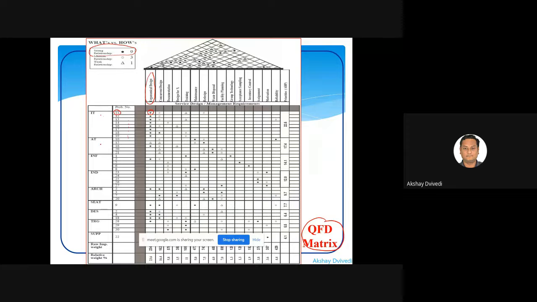And that symbol has been given a weightage of 9. So if you look at only the first set of problems under IT, you will identify that ergonomical design is contributing as a strong relationship to the majority of the problems, in fact all the problems.